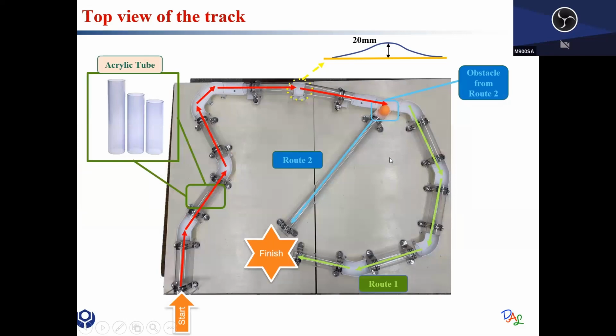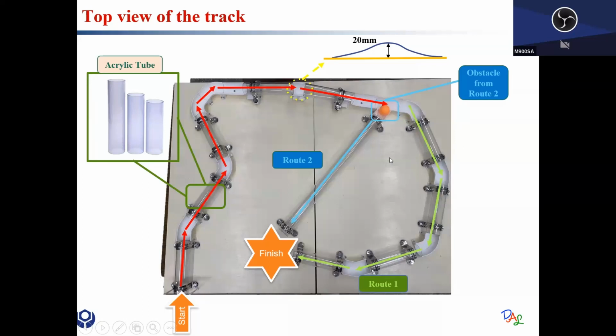As you can see from the orange arrow, we start from here. We divide it into two sections, the red path, and moving along the red path to these T junctions. From the T junction, we divide it into two roads, number 1 and number 2. On this road, we have some obstacle for your robot to push through to go to the finish line.